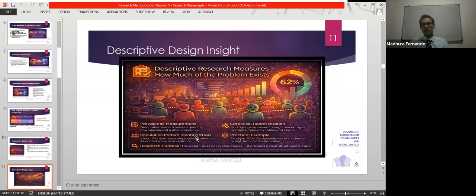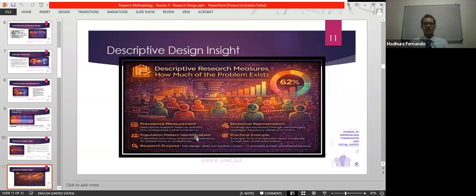Now you can compare the levels. You can take a set of questionnaires into organization A, and measure the level of absenteeism in organization A, and you go to the second organization, organization B, and measure the level of absenteeism, and these two you can compare.